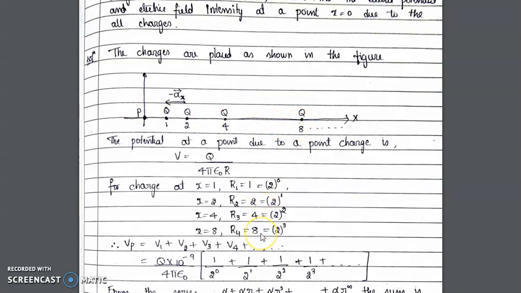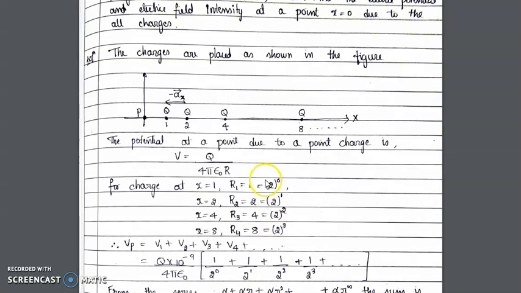If you observe 1, 2, 4, 8, we can write these numbers as powers of 2: 2 to the power 0, 2 to the power 1, 2 to the power 2, and 2 to the power 3.